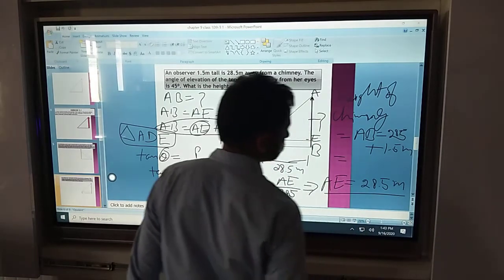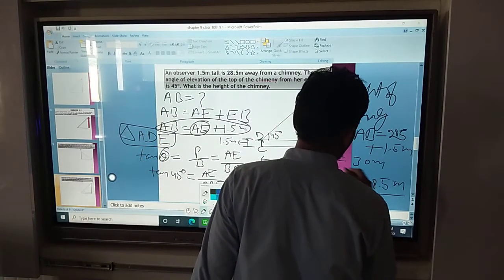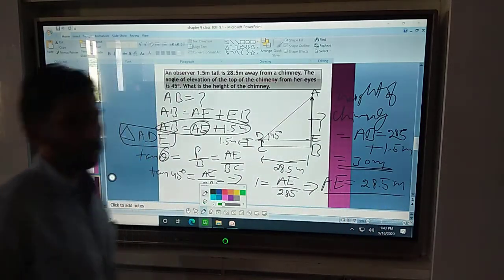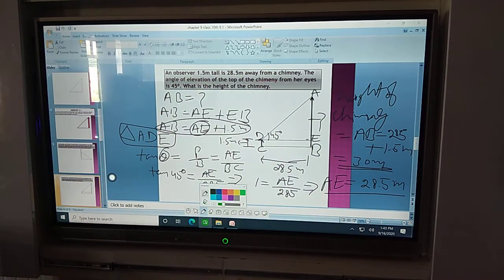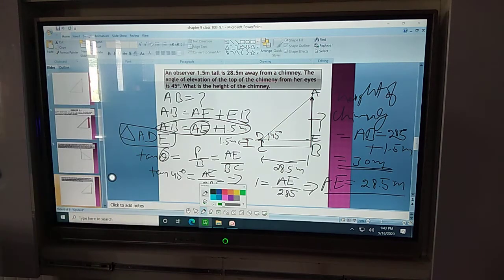So it becomes 30 meter. The height of the chimney is 30 meter. So we can find the height of a chimney when we are given the angle of elevation, the height of the observer and the distance between the chimney and the feet of the observer.